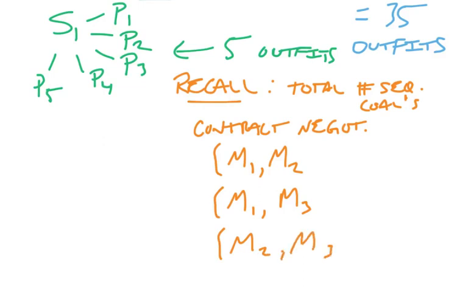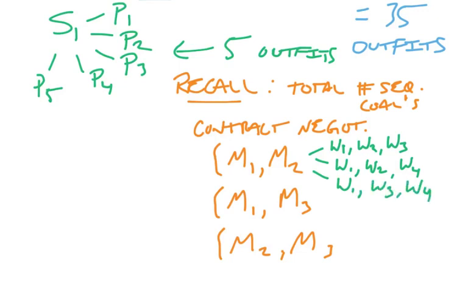And then from each of these pairs of managers, we then had, in one of the instances, we were figuring out ways of choosing any 3 of the 4 workers. And so we said something like, we could have worker 1, worker 2, worker 3, or we could have worker 1, worker 2, worker 4, or we could have worker 1, worker 3, worker 4, or we could have worker 2, worker 3, worker 4.